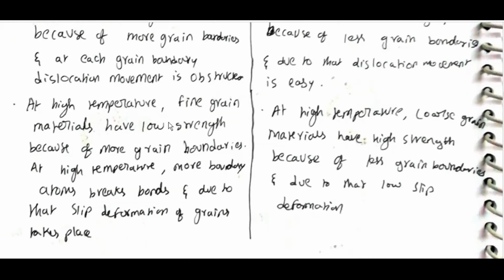At high temperature, fine grain materials have low strength because of more grain boundaries. At high temperature, more boundary atoms break bonds, due to that slip deformation of grains takes place. At high temperature, coarse grain materials have high strength because of fewer grain boundaries, due to that there is low slip deformation.